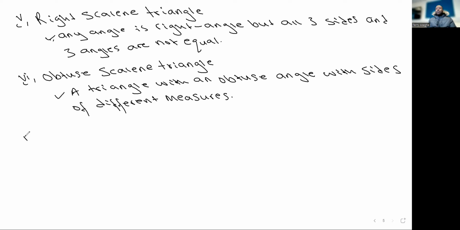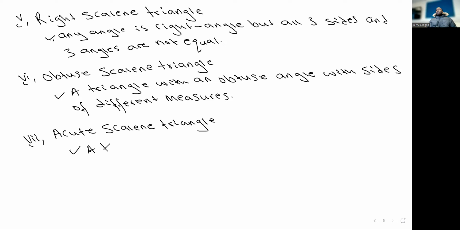Number seven, we have the acute scalene triangle.